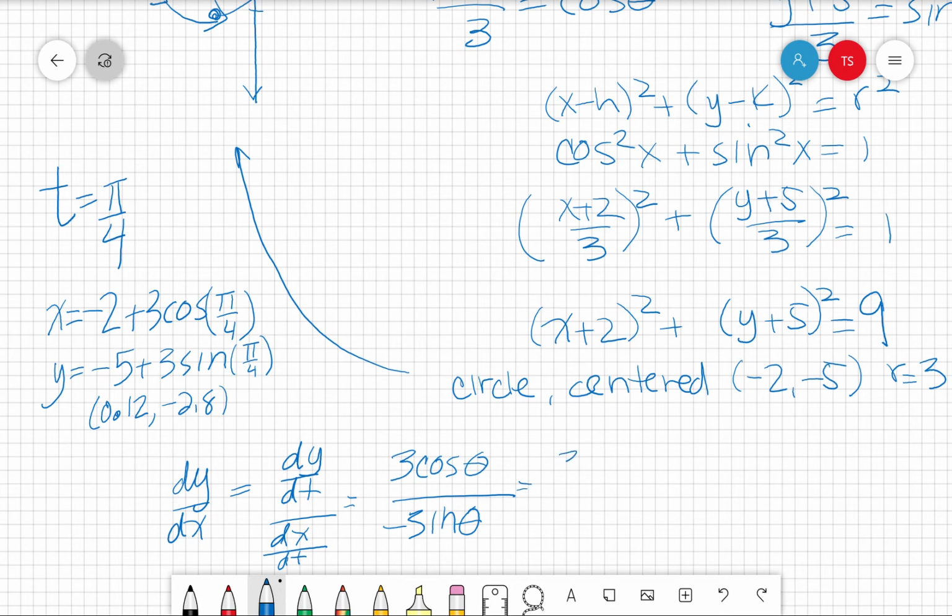And so 3 cosine of pi over 4 over -3 sine of pi over 4. Well, why don't I just do this? That gives me negative cotangent of pi over 4, which will equal -1. So that's my slope of my tangent line at this point.